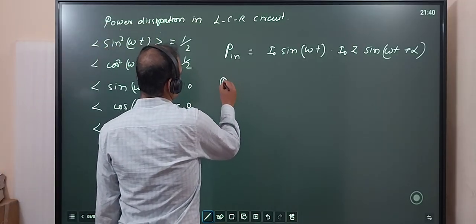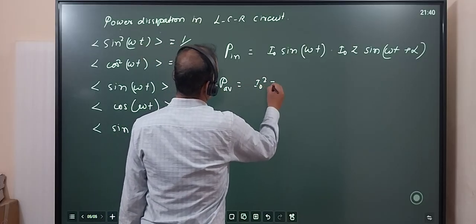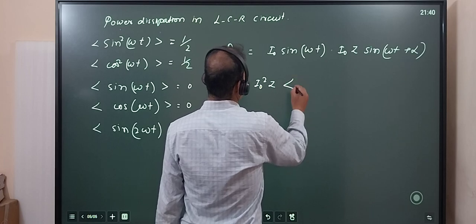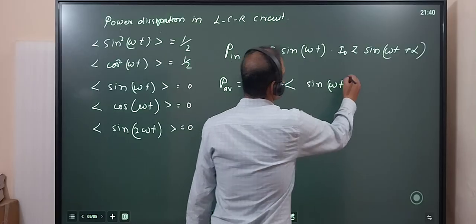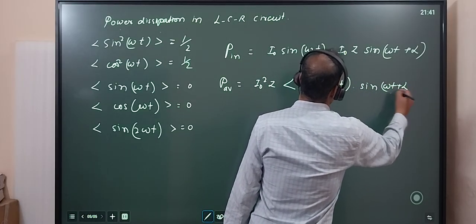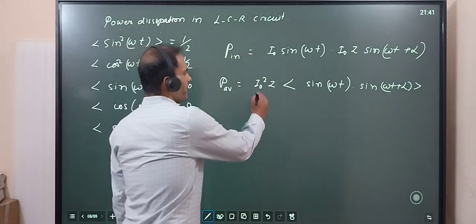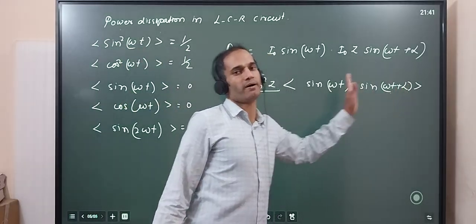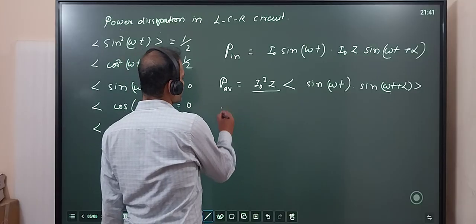So this is instantaneous power, but average power will be I naught square Z and the average value of sine omega t into sine (omega t plus alpha). Now this part is constant, and we have to find the average value of this part.